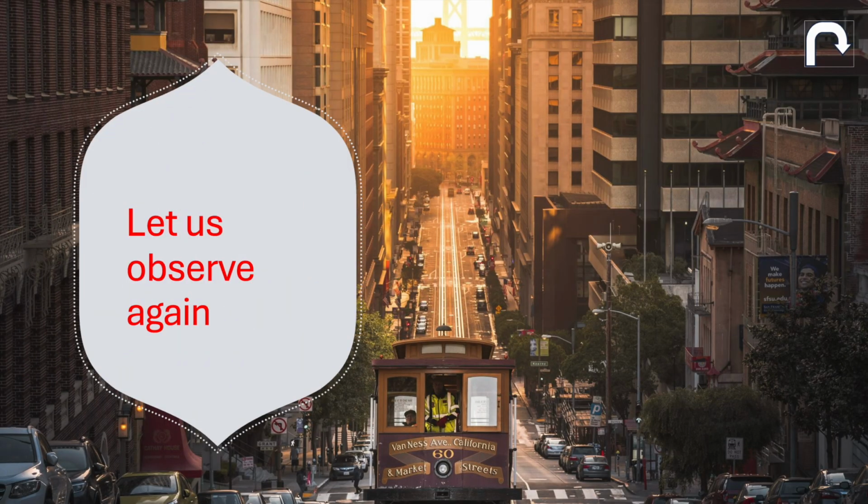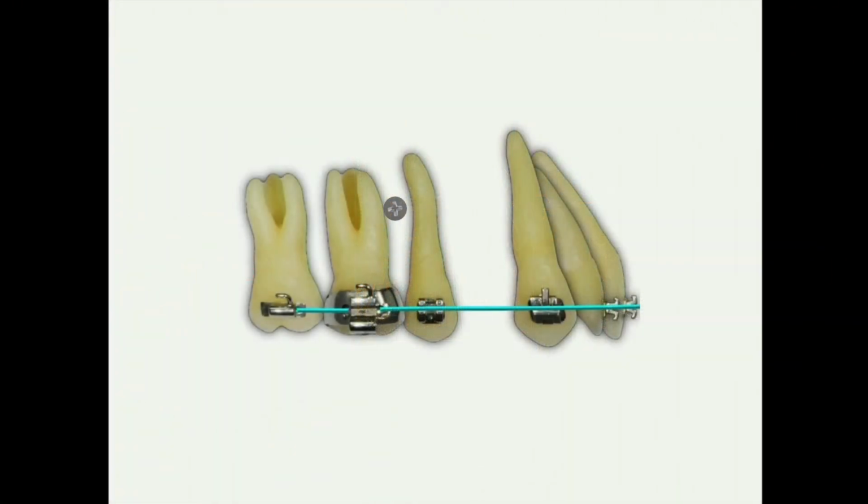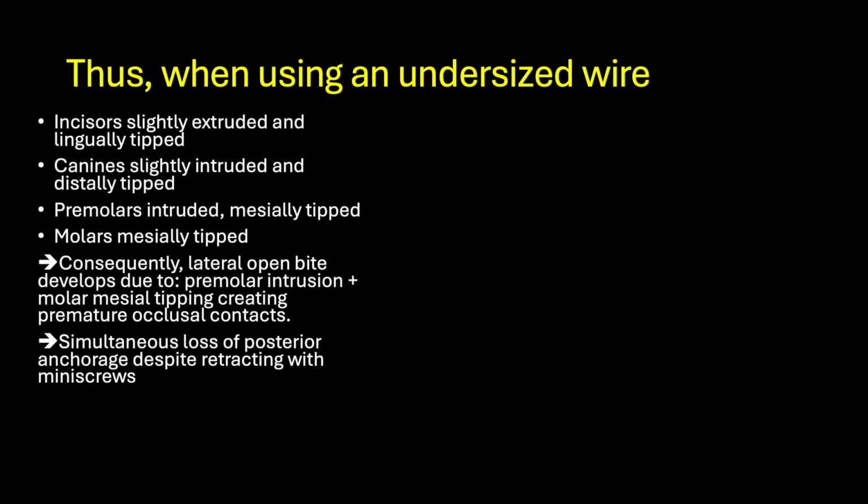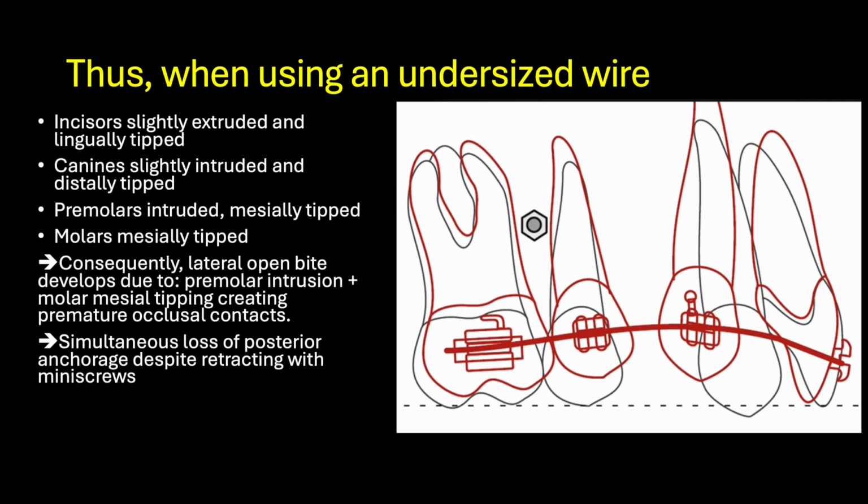Let's observe again. So to conclude, when we use an undersized wire, the incisors will be slightly intruded and lingually tipped.